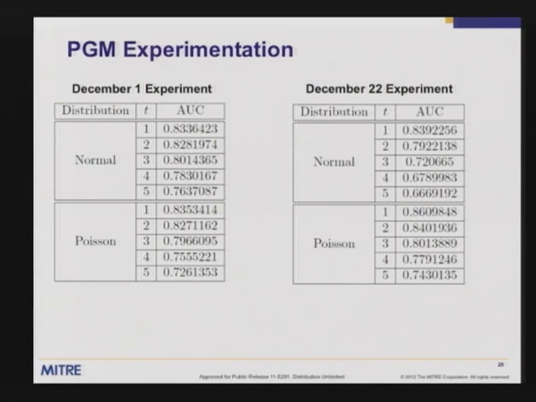If I'm looking at the December 22nd experiment on the bottom, we're seeing some slightly higher area under the curves when we have lower thresholds, and then as you increase it, yeah. I forget exactly what the math was that drove that. That was something that Carrie and I worked on, and this is stuff we did about a year ago, so it might be just me not remembering exactly the logic behind it.